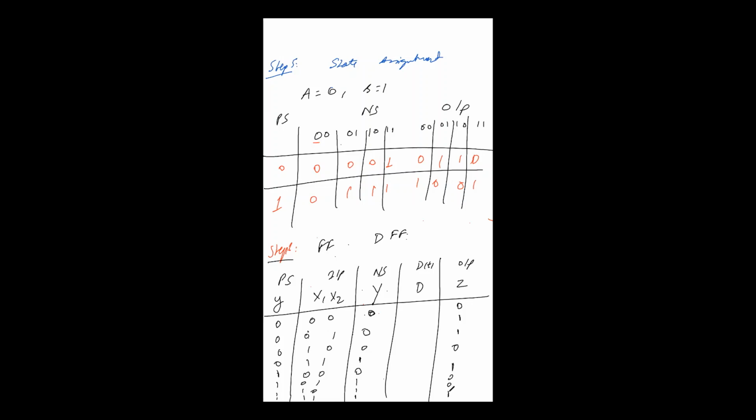And what is the corresponding input to the D flip-flop you have to give depending upon these values. This is the corresponding input that you have to provide to the D flip-flop in order to get the next state as shown in the table. Right? So this is your step number 6.